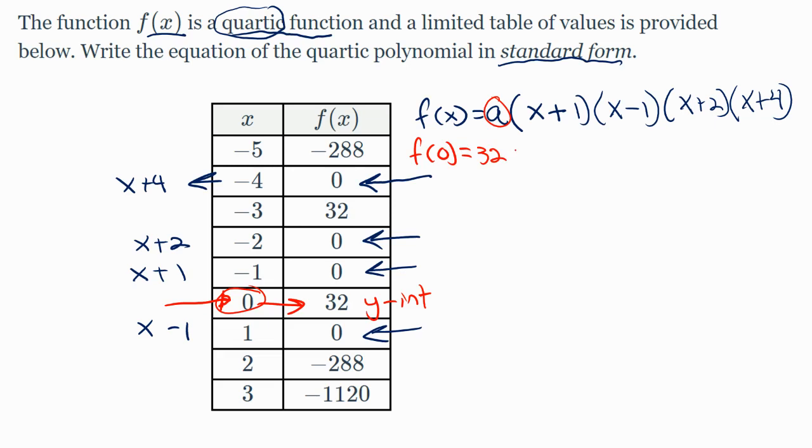And then that is equal to a times, and then plugging 0 into each of these is just 1. Plugging a 0 here is negative 1. Plugging a 0 here is 2. And plugging in a 0 here is going to be 4. So now I find the a value by solving for a. Negative 1 times positive 1 is 1. Negative 1 times 2 is negative 2 times 4.